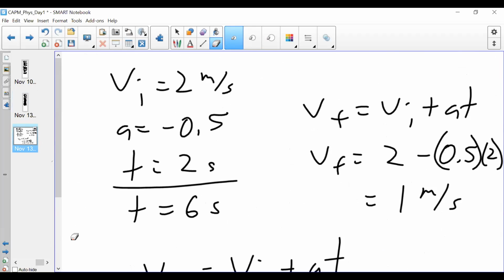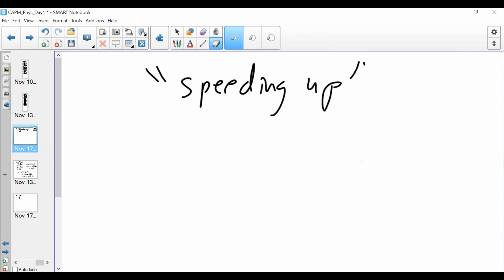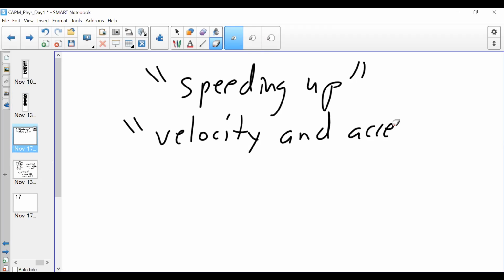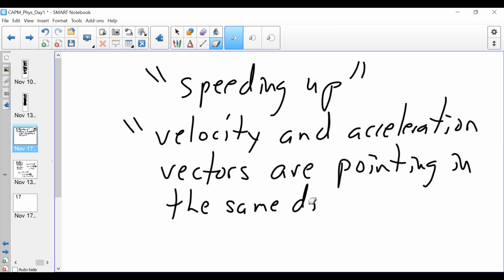So one thing we can say about when an object is speeding up, I'm just going to do a little side note here. For objects that are speeding up, accelerating, the velocity and acceleration vectors are pointing in the same direction.